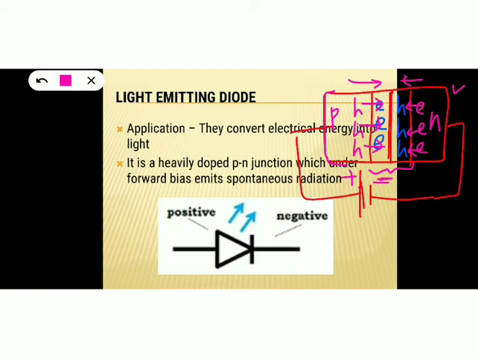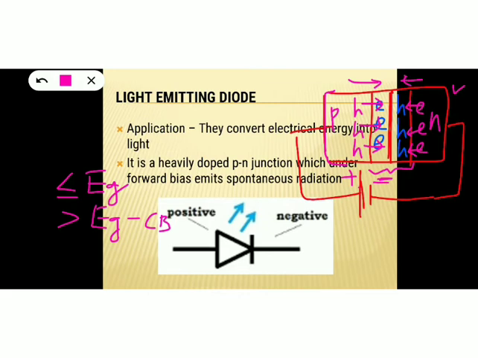Electron-hole recombination occurs, and during this recombination of electrons and holes, energy is released in the form of photons. Some photons may have energy less than the energy gap, and some photons may have energy greater than the energy gap. Those photons having energy less than or equal to the energy gap will be emitted as light energy. At the same time, those photons having energy greater than the energy gap will move to the conduction band and contribute to the conduction.